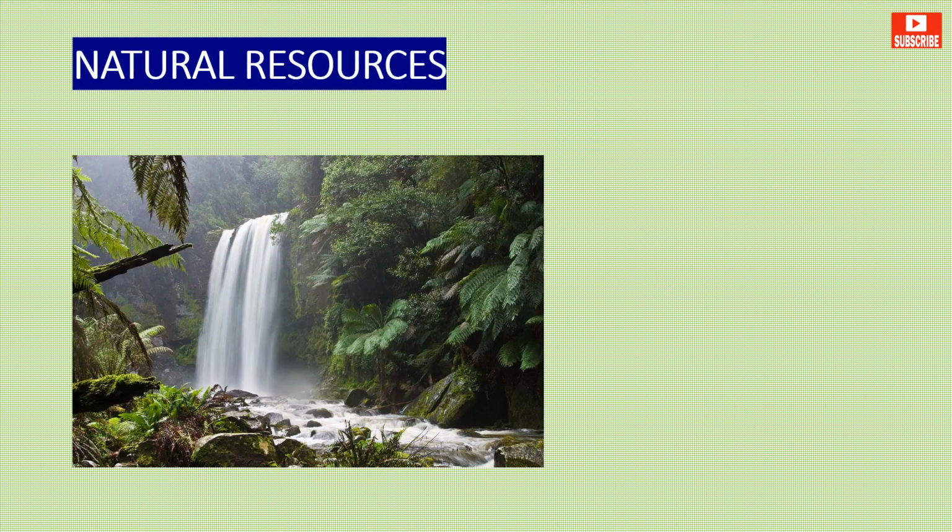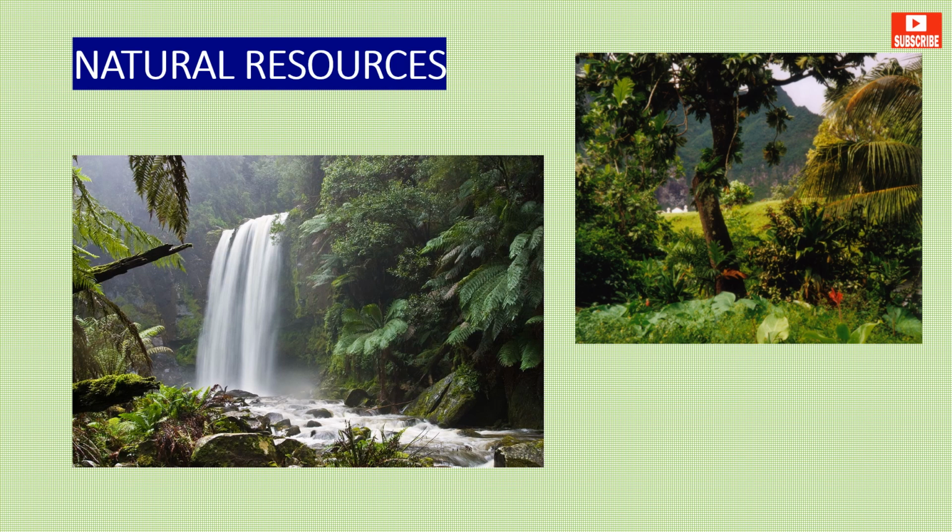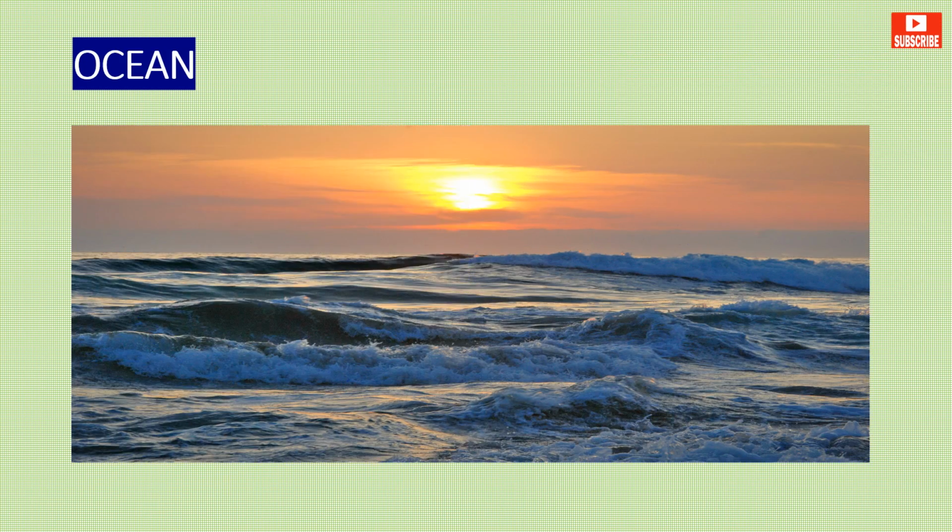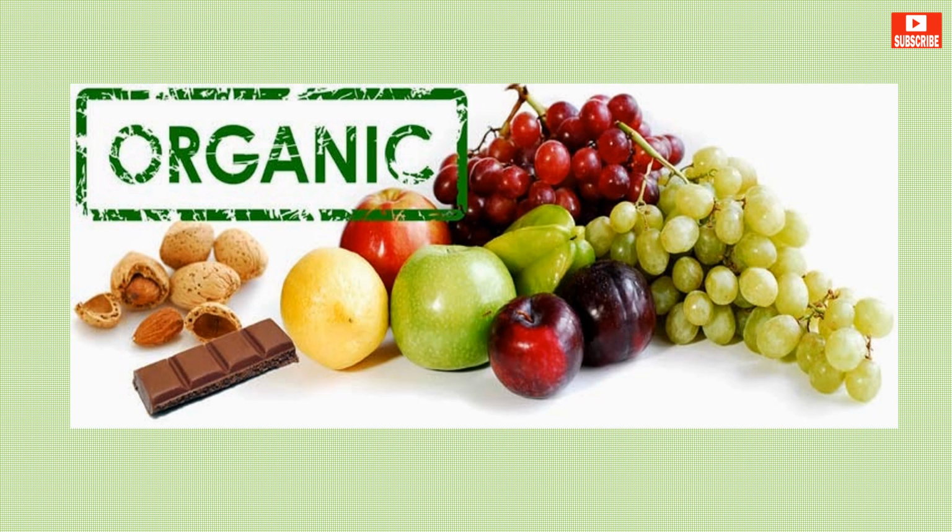Natural resources are the materials found in nature which are often exploited for economic gains. Ocean is a large body of salt water spanning between continents. Organic, without chemicals or other man-made additives.